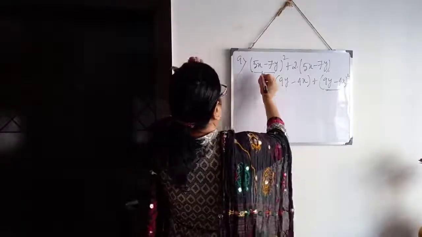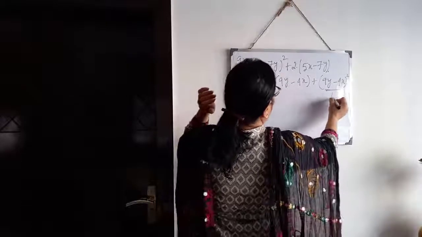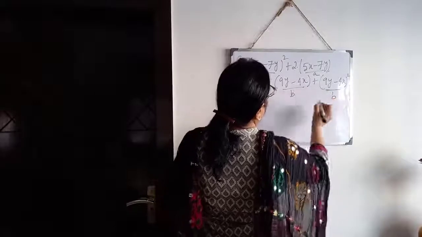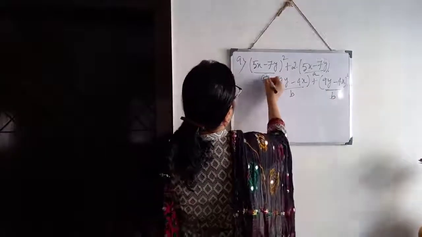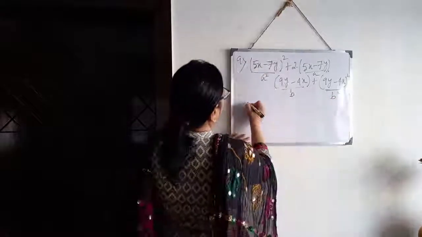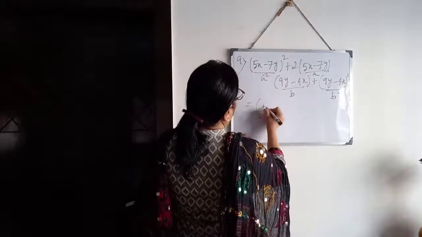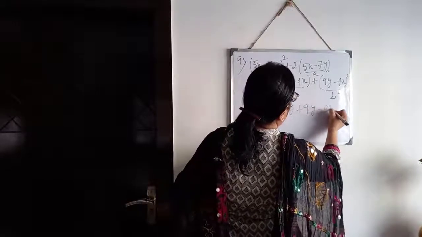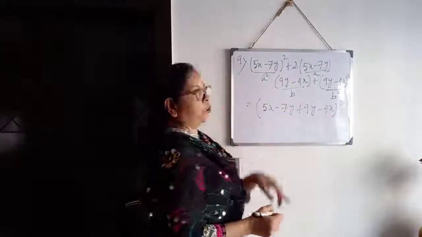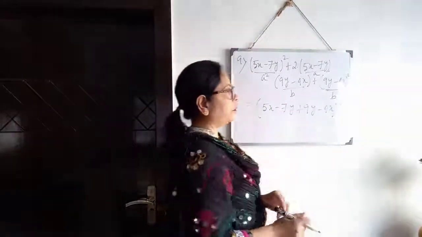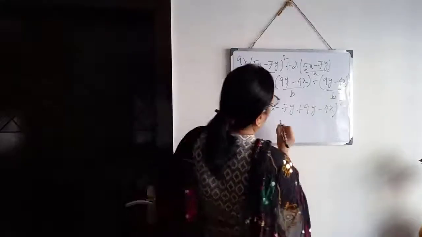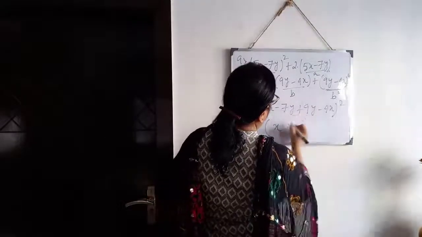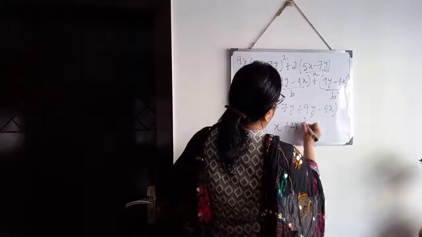Now see, it is in that form. Suppose it is A, it is B. So A square plus 2AB plus B square. So this equals to what you can write? A plus B whole square. So we'll write again (5x minus 7y plus 9y minus 4x) whole square. So first you have to find out in your problem what is your A and what is your B. Now 5x minus 4x means x, minus 7 plus 9, that means 2y, whole square.